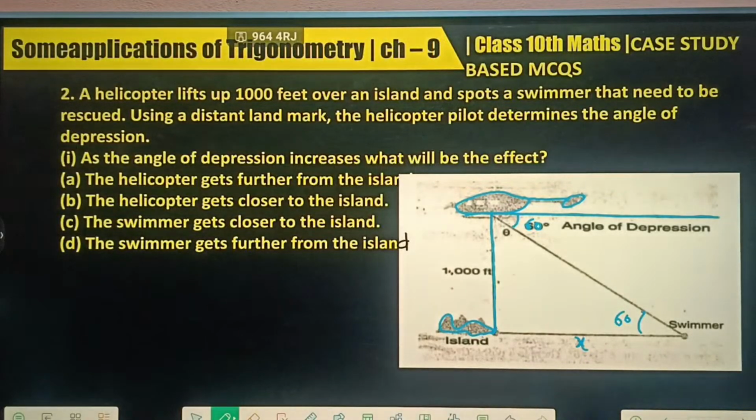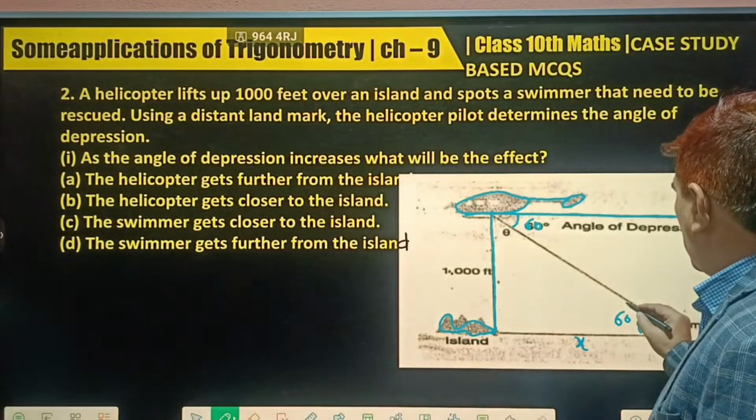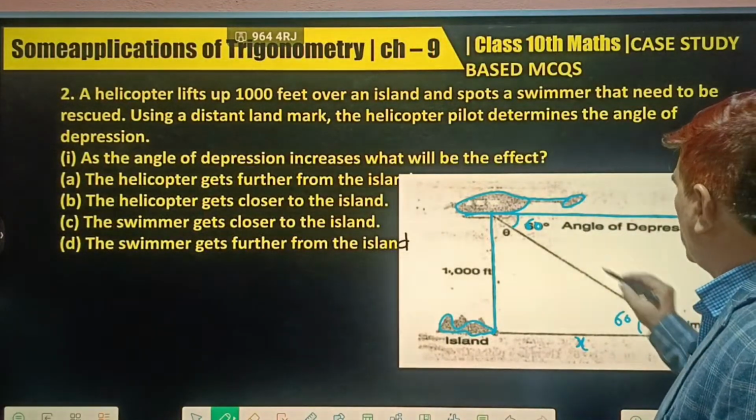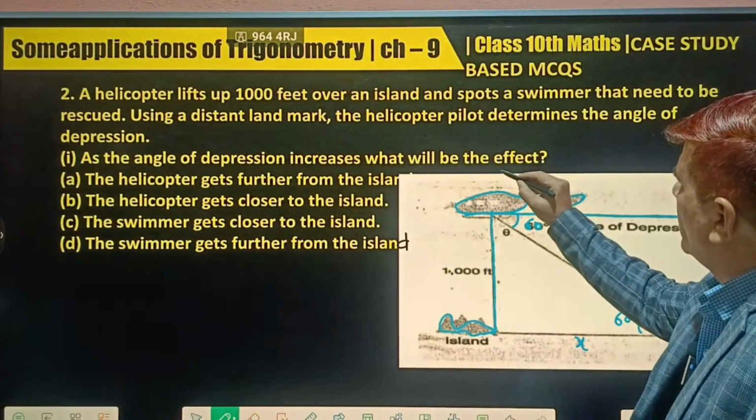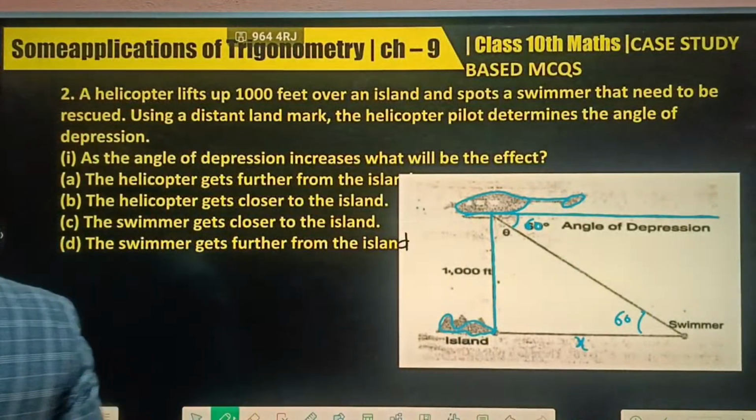Using distant landmarks, the helicopter pilot determined the angle of depression. As the angle of depression increases, what will be the effect? As the angle increases, this line is going like this. What does it mean? First is what's given.